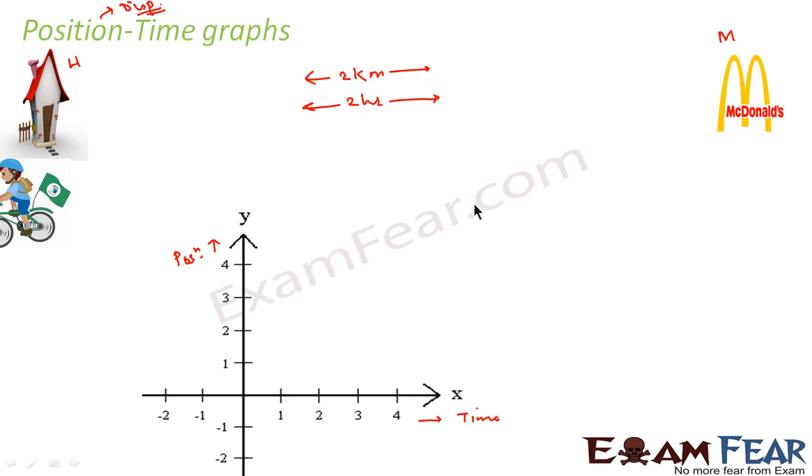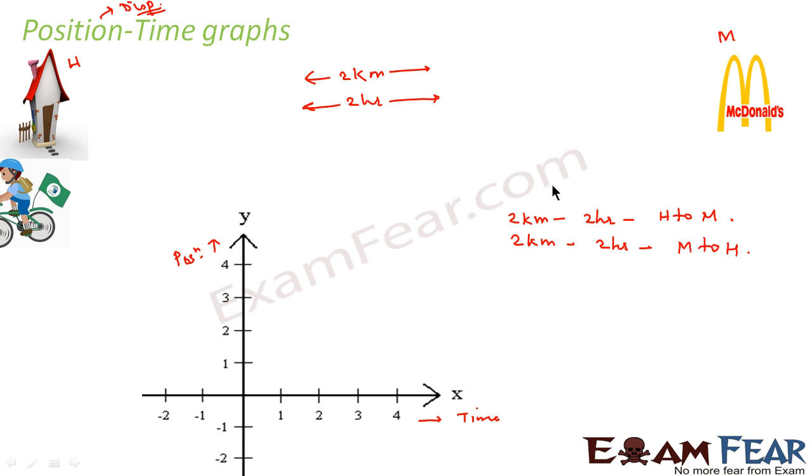Now in this case, we see that Ronnie traveled 2 kilometers in 2 hours while going from home to McDonald's. He again traveled 2 kilometers in 2 hours while coming from McDonald's to home.